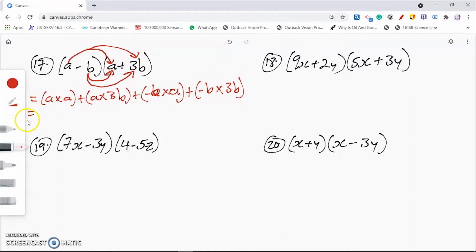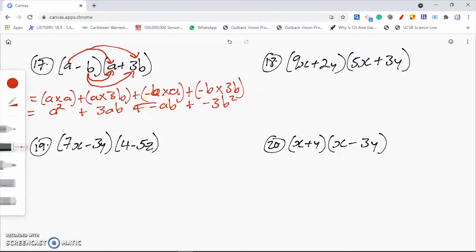Then after we expand, we simplify. A times a is a squared, plus a times 3b is 3ab, negative b times a is negative ab, plus negative b times 3b is negative 3b squared.